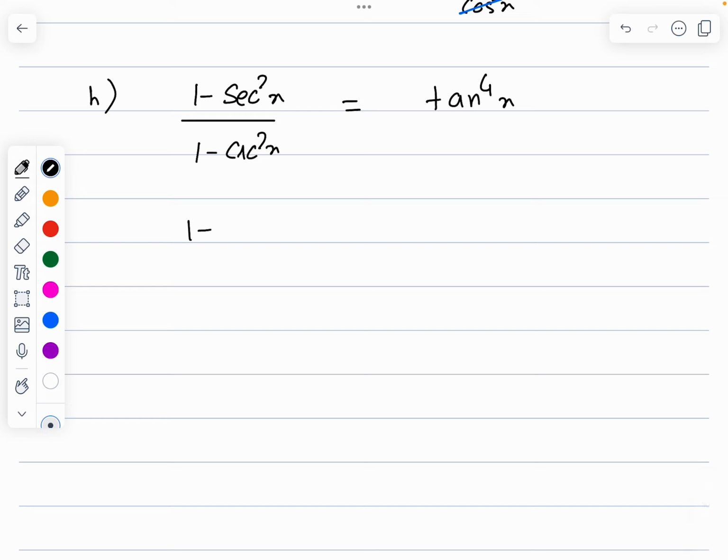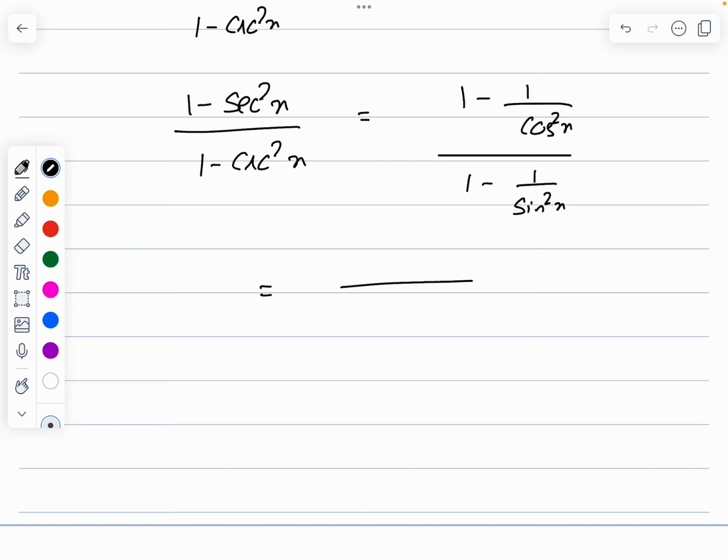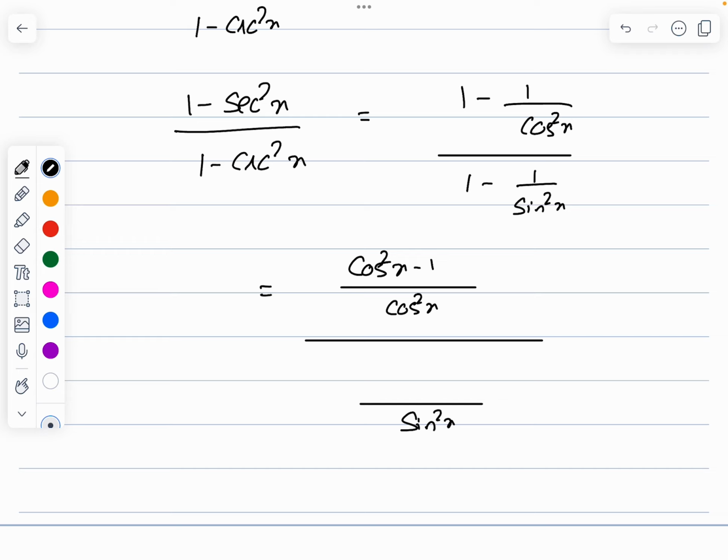We can use the identity, but rather than that, what am I doing? 1 minus 1 upon cos square x divided by 1 minus 1 upon sin square x. Take the common denominator in the numerator. It becomes cos square x minus 1 divided by, take the common denominator in the denominator, sin square x minus 1.